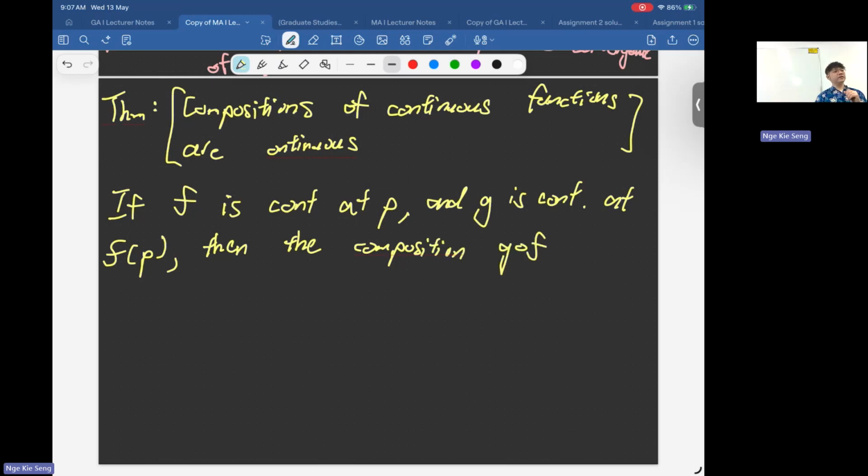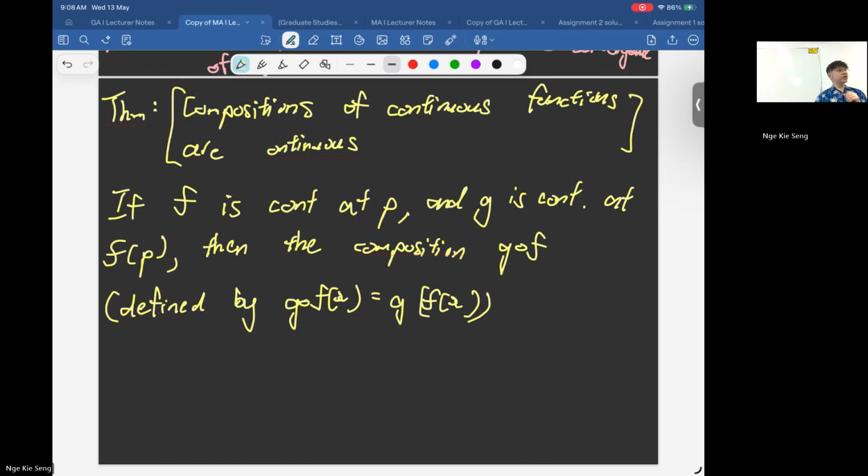It is defined by, you need to tell me where you send the point: you do f first, and then you do g. So g compose f of x is continuous at p.